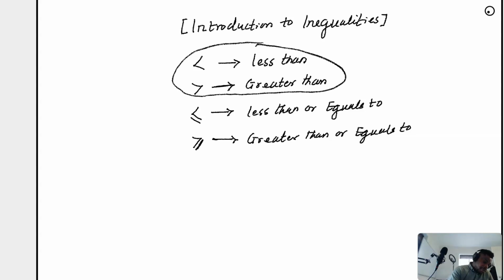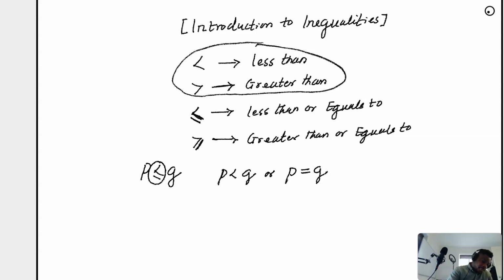Now, let's take this. P is less or equal to Q. What this symbol means is less than or equals to. So less than, that means P is less than Q, or P is equal to Q. That is what it means by less than or equals to.